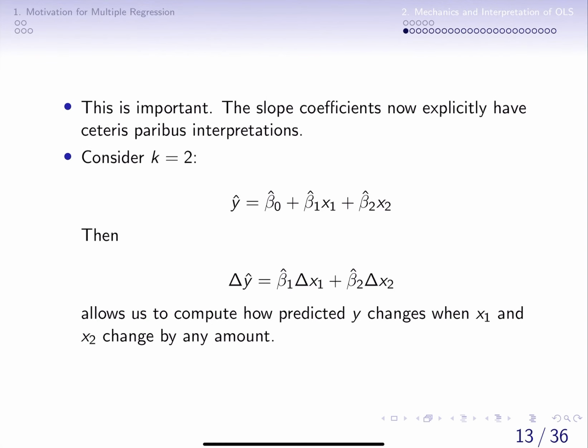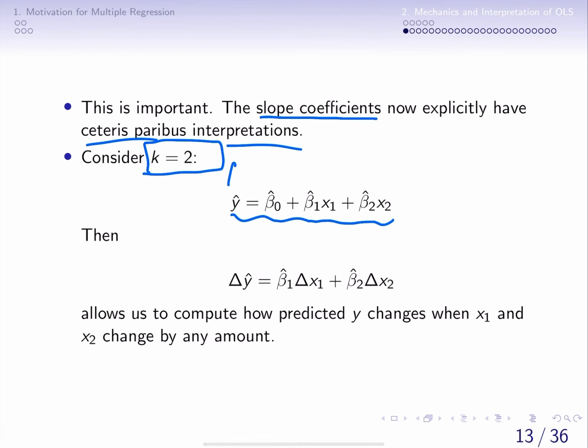Okay, so it's important to remember how we are interpreting our slope coefficients of interest, okay? Remember that if we have two independent variables, those have a ceteris paribus interpretation. So let's say this was our model, and y hat, let's write this down.